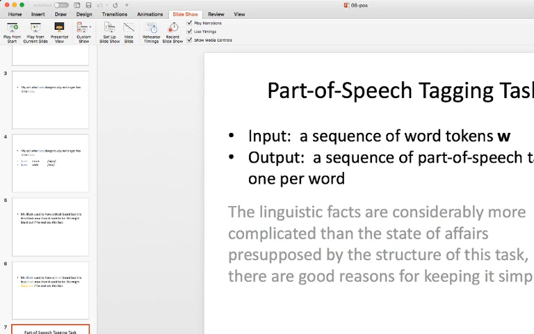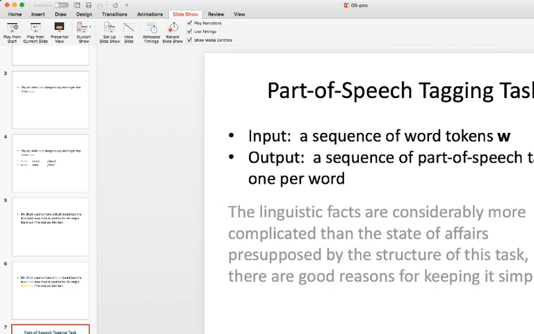We assume that there is a right part of speech for each word, and that we can find it and verify whether we've found the right part of speech for each word based on ground truth.